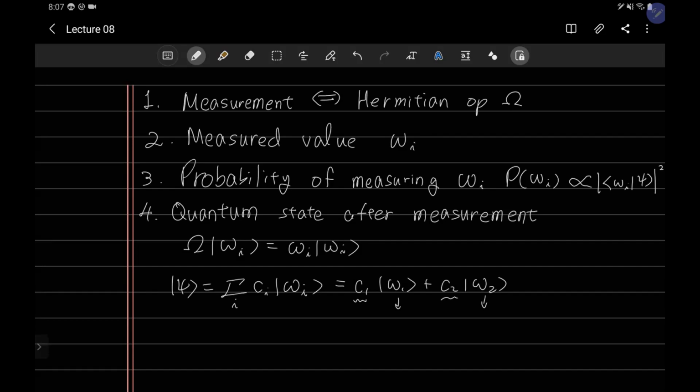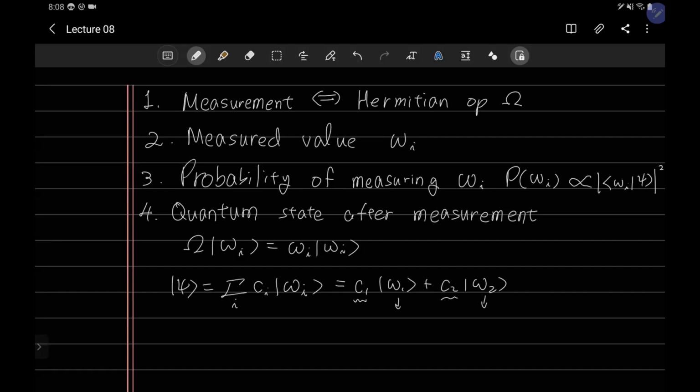If you have some quantum state, and the state vector representing the quantum state of the object has a much larger coefficient in front of this state than this one, then it is natural to imagine that if you make a measurement, you would have more chances to measure this value rather than this value.